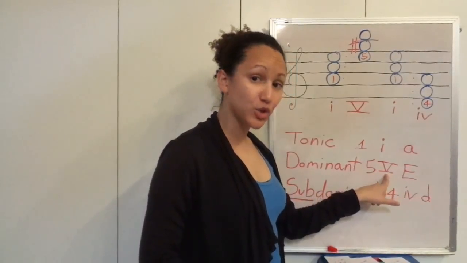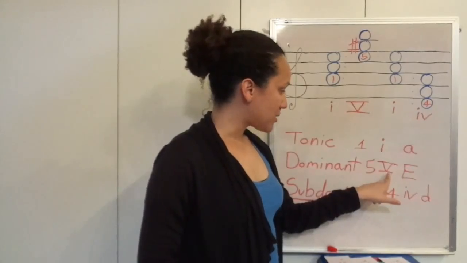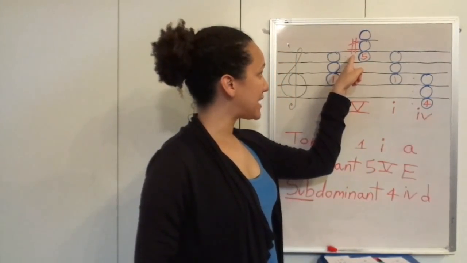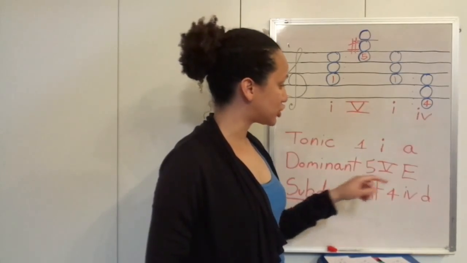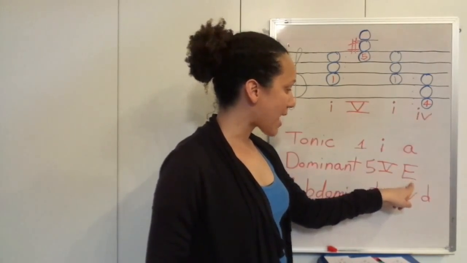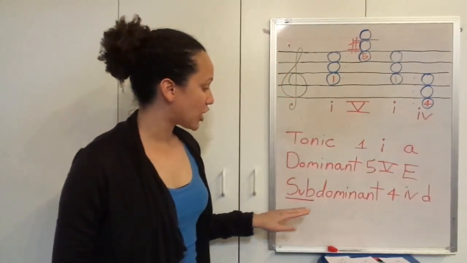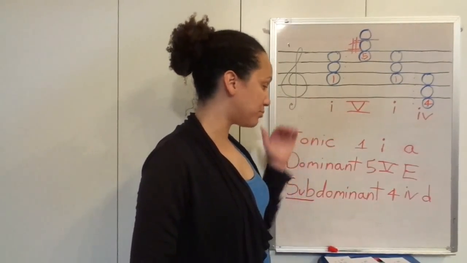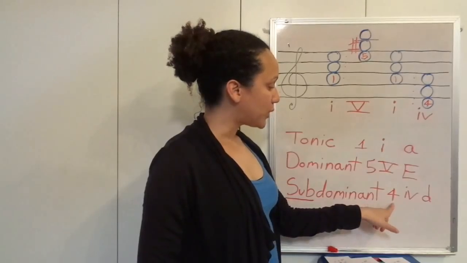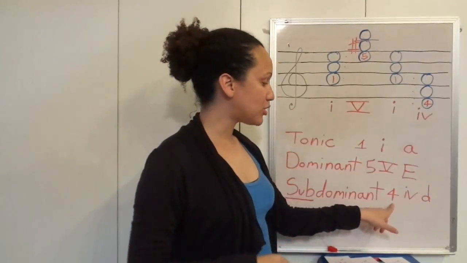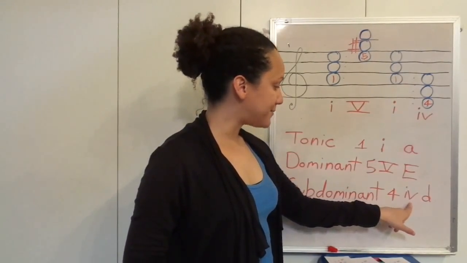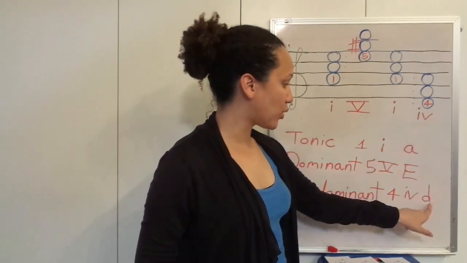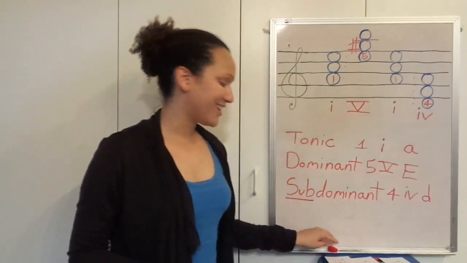We identify it as a Roman numeral 5, but capital for major because it borrows from the major and has the sharp, so it's major. And capital E to remind us that it's major. Subdominant dominates from below. It's a 5th below. However, we count from the bottom up, so we call it a 4. IV, Roman numeral 4, and it is the D minor chord, so a lowercase d.